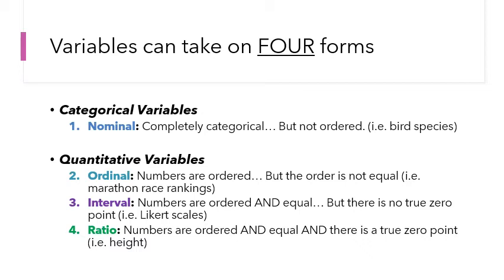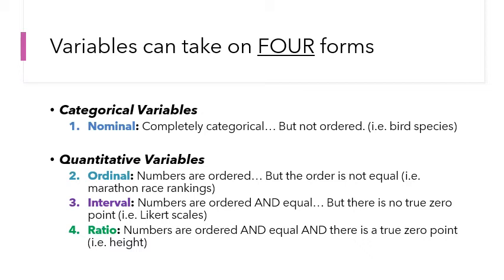The next one that we can talk about is interval. This is where the numbers are ordered and are equal. So the difference between 1 and 2 is equal. But the caveat here is that there's no true 0 point. One example of this are called Likert scales.